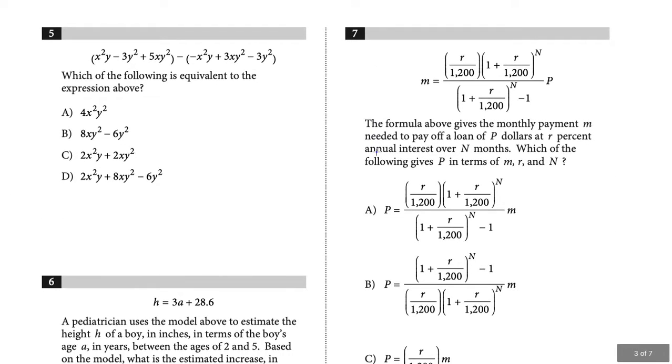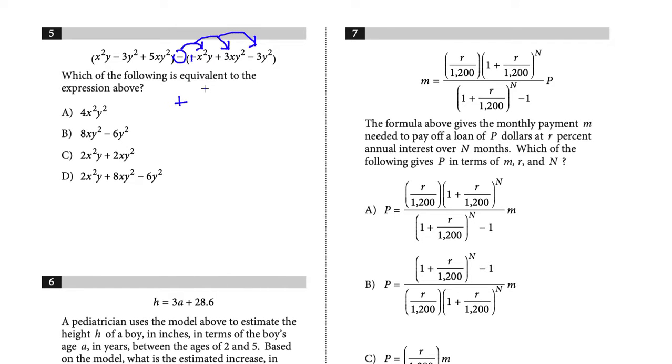Number 5, we have these polynomials, and we need to subtract. So whenever you have a subtraction sign in between, Jose? Yeah, you distribute it. This negative sign will turn into a plus sign because it's being distributed into each of these terms, which means I still have my original x squared y minus 3y squared plus 5xy squared, but now it's going to be plus, and then I'm going to switch these signs.